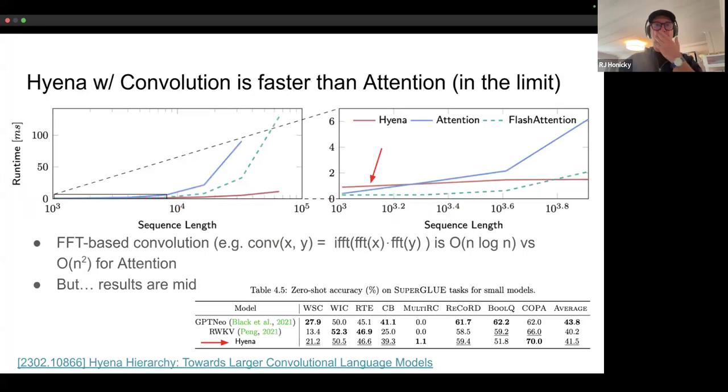Okay, and then here's the why again. Convolution is faster than attention, but note, and they actually talk about this in the paper, that's true in the limit. It's not true at short sequence lengths.